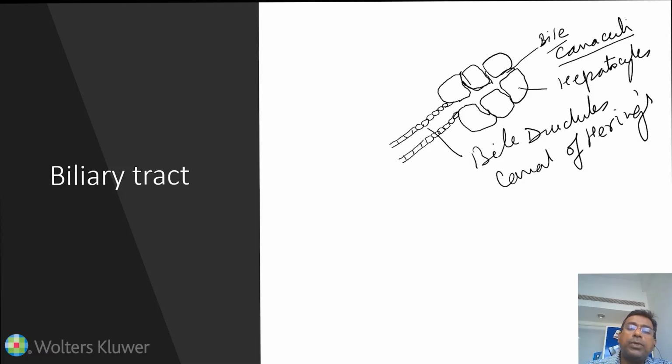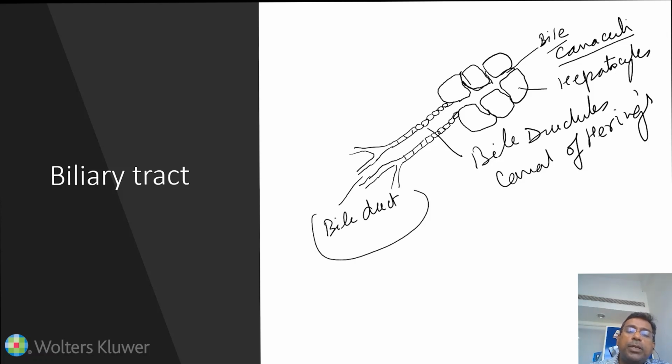And several of these bile ductules unite to form a bile duct, which is present in the portal triad, and these ducts will unite together to form another larger duct, and eventually they all form the hepatic duct.